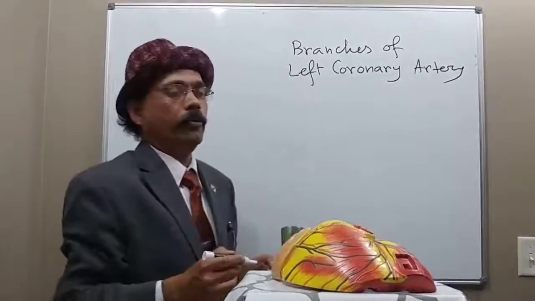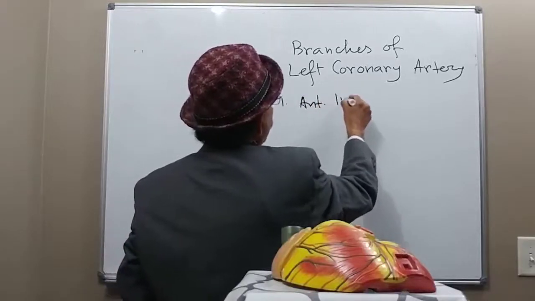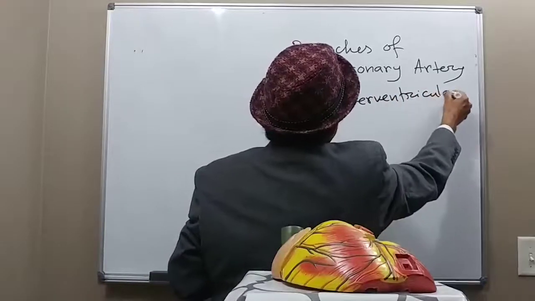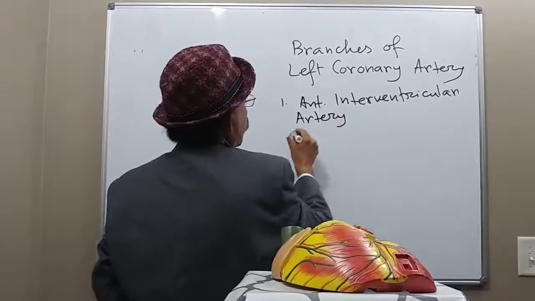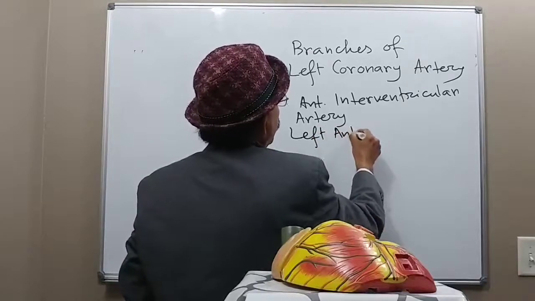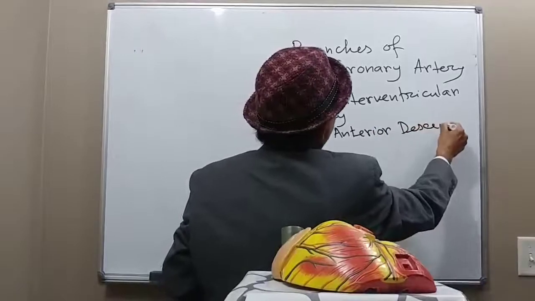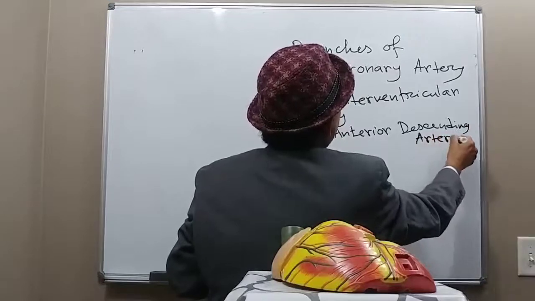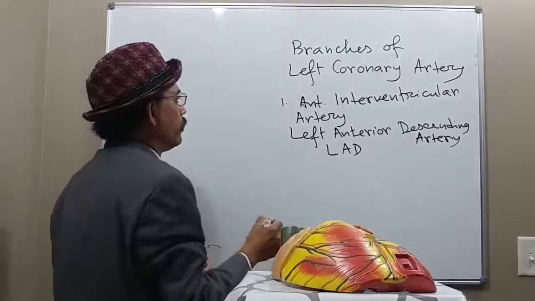Okay, what are the branches of the left coronary artery? We have the anterior interventricular artery, also called the left anterior descending artery, or simply called LAD, is one branch.